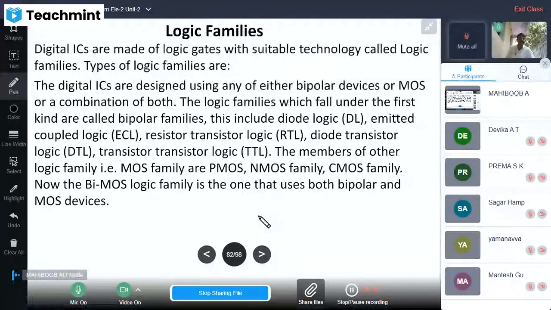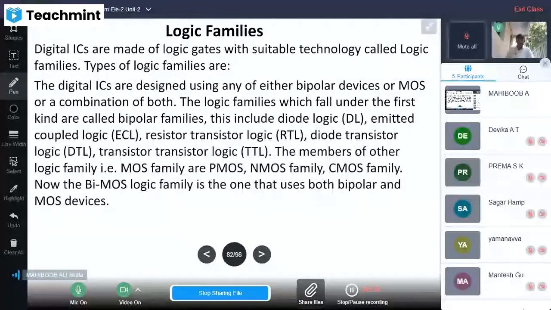When MOS family is invented, so PMOS, P-type MOS technology, and NMOS and complementary MOS, both N as well as P, they are used for the fabrication of logic gates, hence the name MOS family or CMOS families. Complementary means one is PMOS, another one is NMOS, alternately, that is called complementary MOS family. Then hybrid family is BiMOS, both technologies they have.